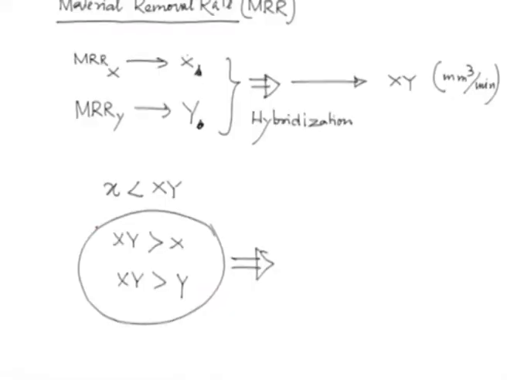The combined effect of hybridization gives us higher material removal rate than that obtainable from the individual processes. Say this is from process 1 and this is from process 2.